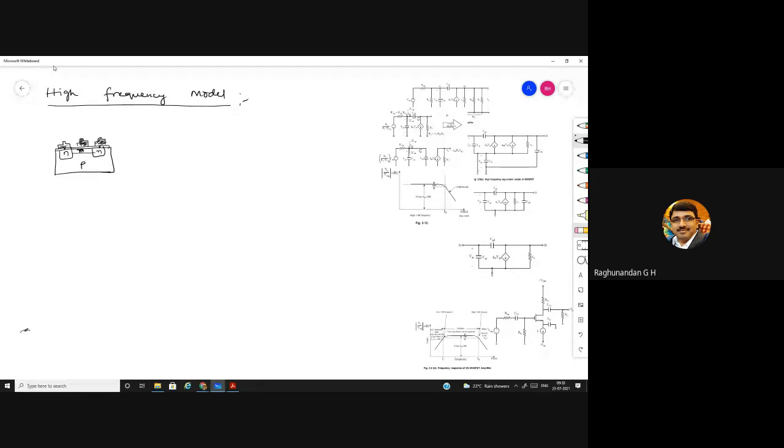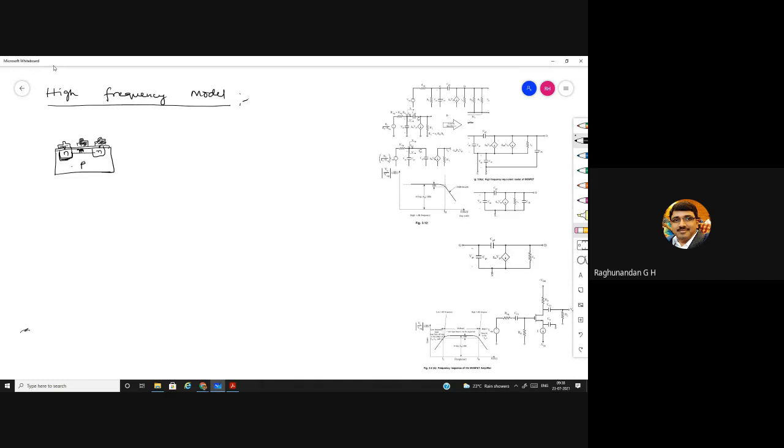Here you can see that between this N layer and the substrate, which is P layer, obviously it is going to form a junction. Again, between this N layer and P layer, there will be a junction because it is a PN junction.